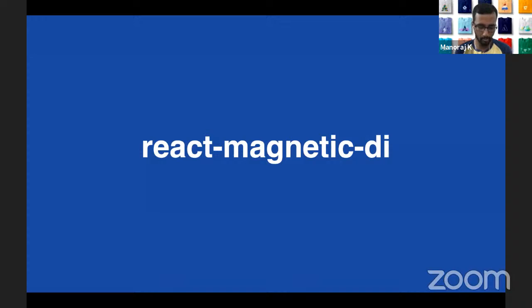In terms of scale, Atlassian has a big monorepo for the Jira frontend, and it is working absolutely fine in terms of scale and performance. So what actually is React Magnetic DI, and how can we use it? Let me rewrite the component which I created before and see how React Magnetic DI simplifies it.